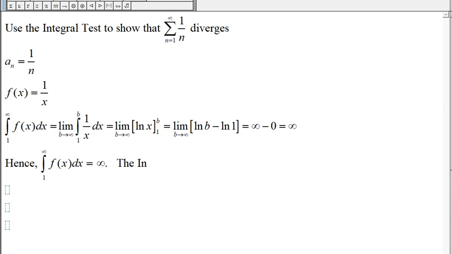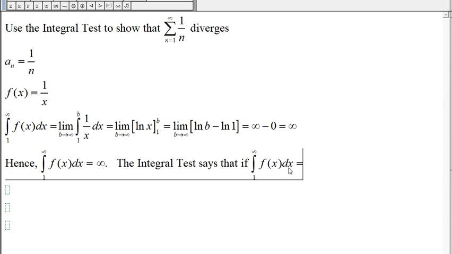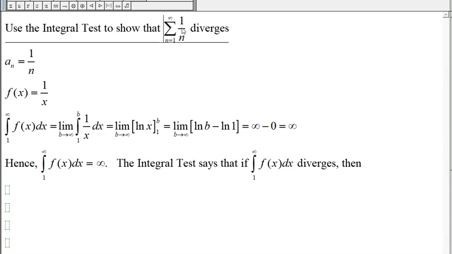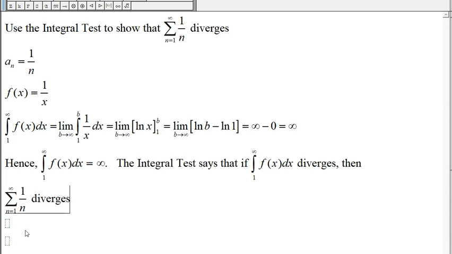And then the integral test says that if this integral diverges, then the series, this series right here, the harmonic series, also diverges.